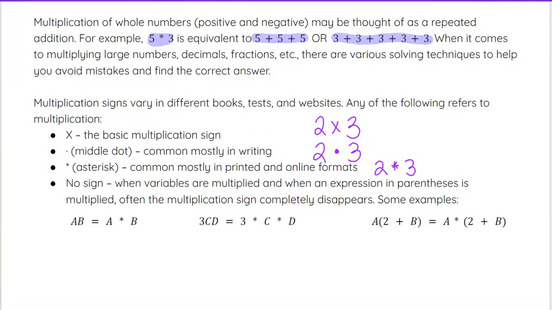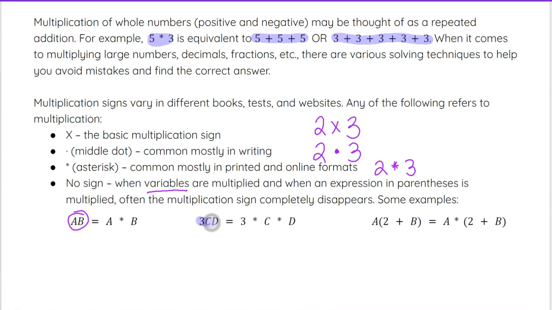And then finally, no sign. So when we're looking at variables, which are just letters that represent different numbers, when we're looking at variables being multiplied, we typically will write our variables being multiplied without any signs in between them. So for example, AB really means A times B, but we usually write it like this without the multiplication symbol.